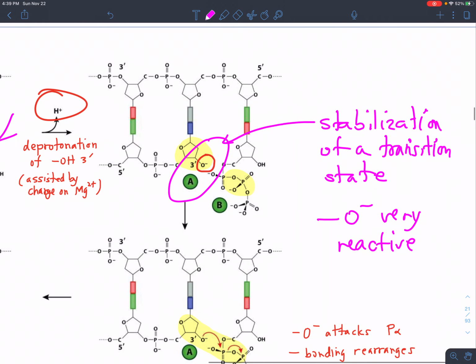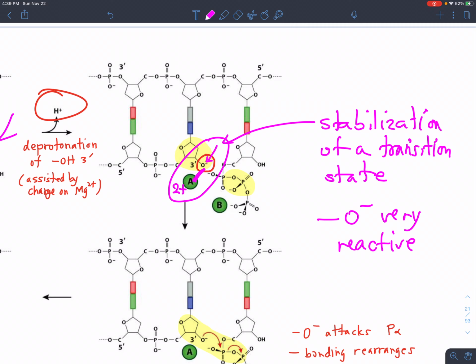Well, OH groups are not good acids. They are very poor acids normally, right? But with this 2+ charge here, the formation of that minus charge on the oxygen is much easier, right? As soon as you lose the hydrogen, you get strong interactions here.